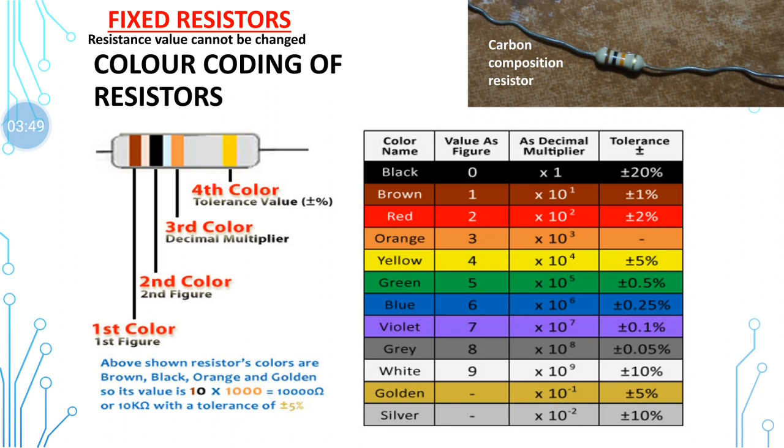So you can write it as 10 times 1000, which is 10,000 ohms or 10 kilo ohms. Then the fourth band is gold, which has a tolerance of plus or minus 5%. Hence we can decode any resistor using this chart.